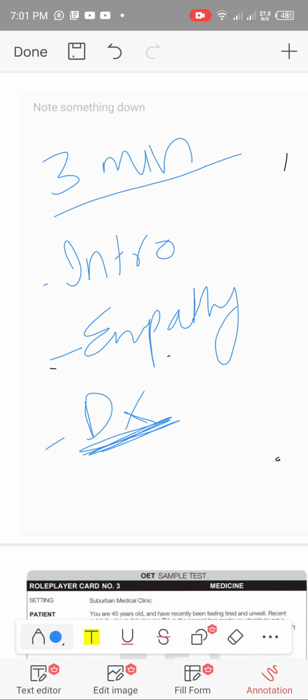A very simple way of explaining this is: in your tummy, there is a finger-like structure called the appendix. Sometimes it gets inflamed, resulting in the pain and the vomiting that you are having exactly, and this is called appendicitis.